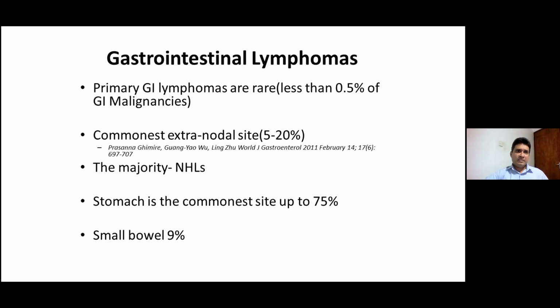So a few things about gastrointestinal lymphomas. Primary GI lymphomas are rare, accounting for less than 0.5% of all GI malignancies. The GI tract is the commonest extranodal site for lymphomas, and the majority of these lymphomas are non-Hodgkin's lymphomas. The stomach is the commonest site, which accounts for 75% of tumors. Small bowel, only 9%.